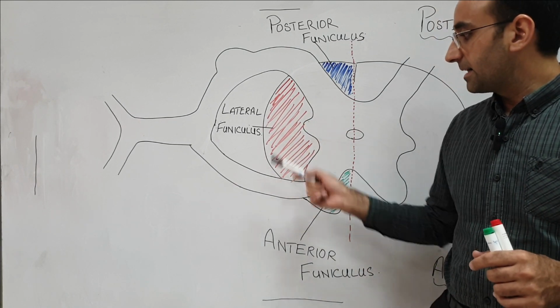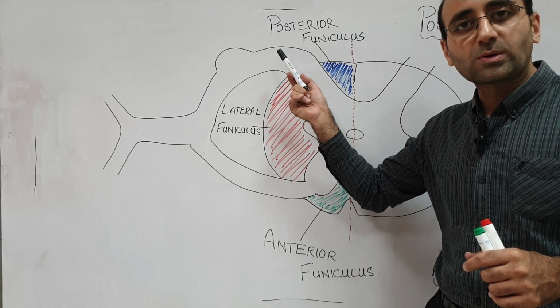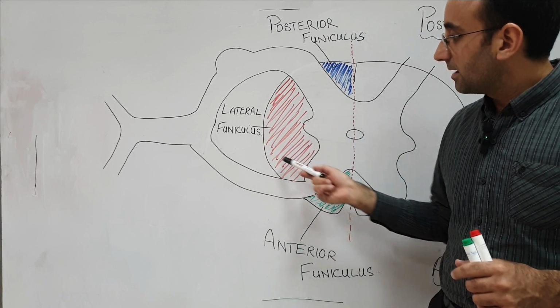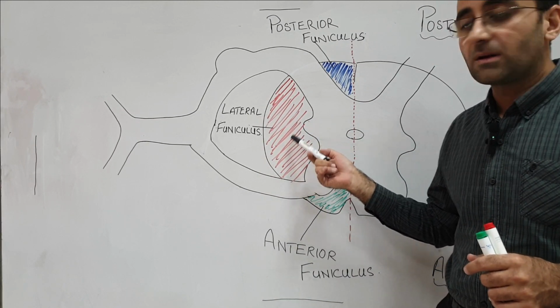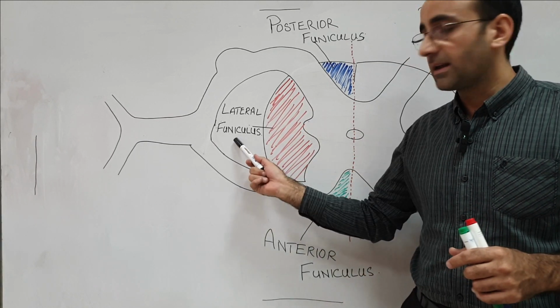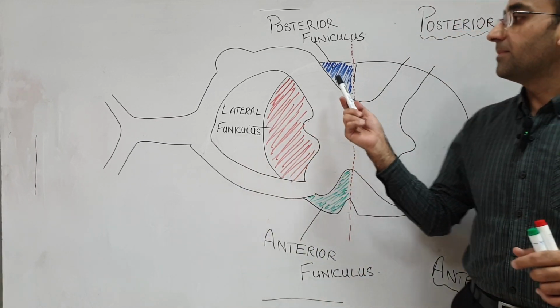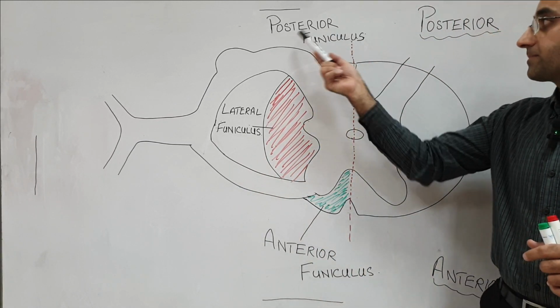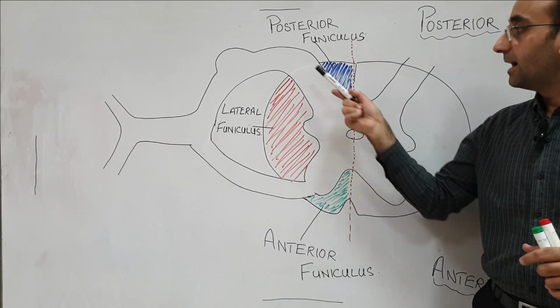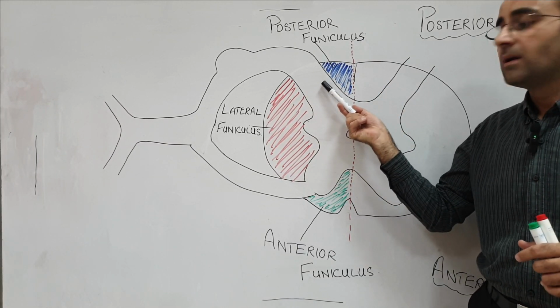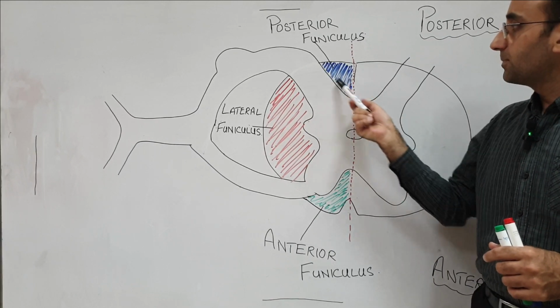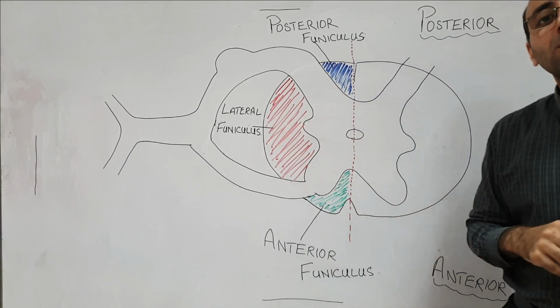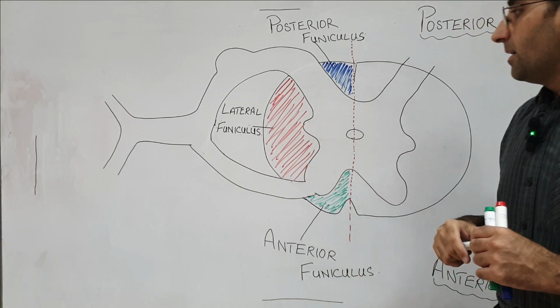Then the portion of white matter between the anterior and posterior roots, the portion colored with red, is the lateral white column, and this is also called the lateral funiculus of the spinal cord. Then the portion of the white matter between the posterior midline and the posterior root of the spinal nerve is called the posterior funiculus or the posterior white column.